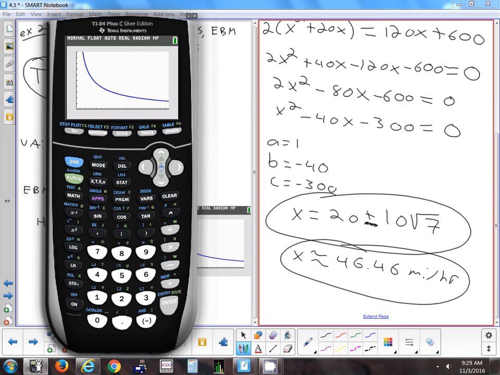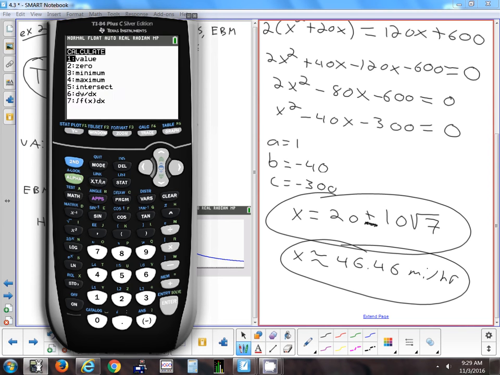So I want to know how fast she has to drive if it takes her how long? 2 hours. So what would I do? Yeah, put a line at 2, and then you can see exactly how long it would take by doing second calc, what? Intersect. So calculate the intersect.